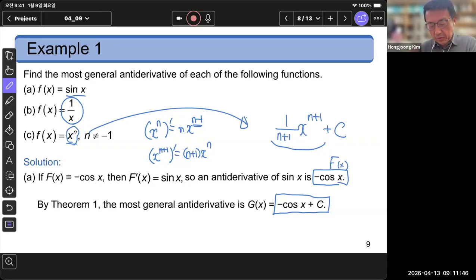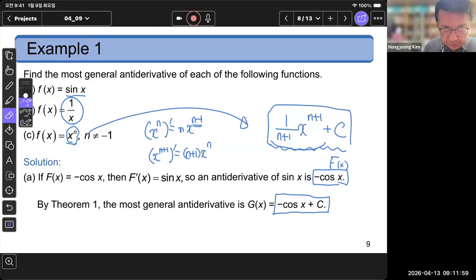Okay, so this will be the general antiderivative of x to the n. Okay, now let me go back to the 1 over x function. So this one is quite confusing.